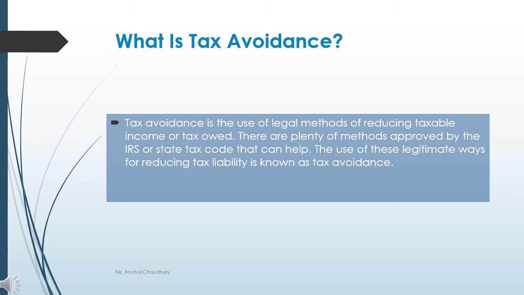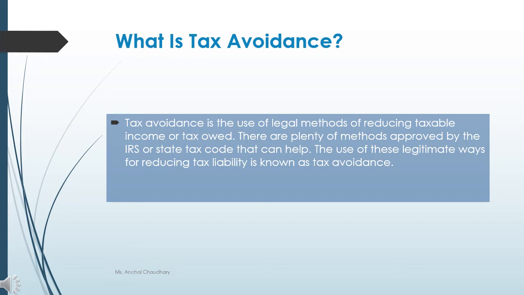So it's a kind of legal method, because students, there is a lot of confusion between tax avoidance and tax evasion. So please note down that tax avoid means to avoid something, but here you are not doing anything illegal.